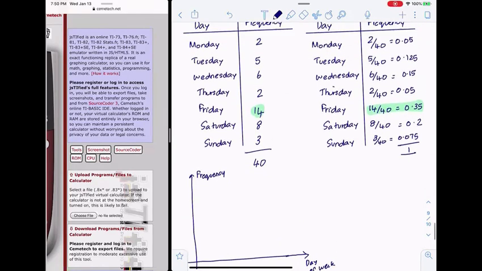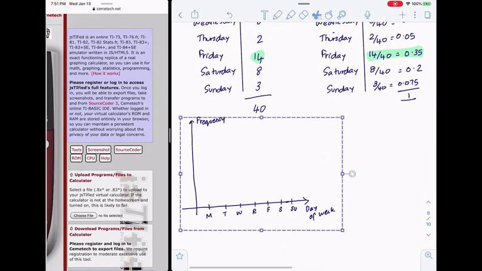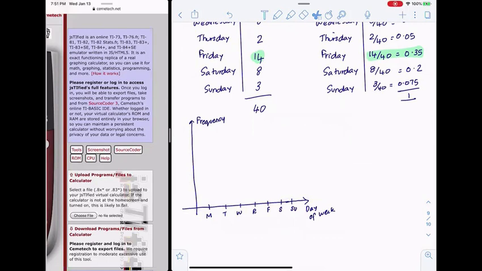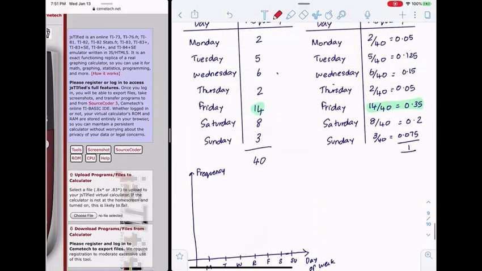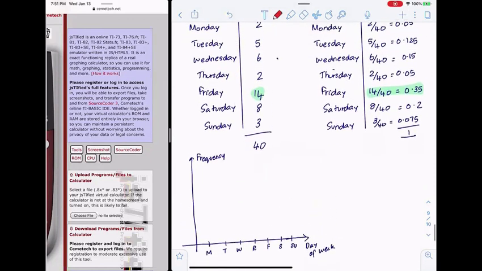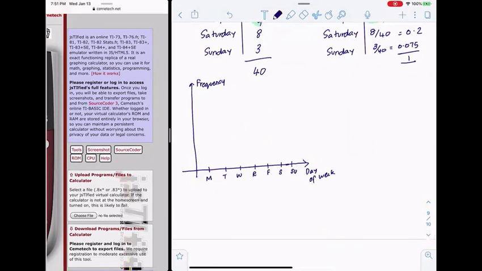I don't want to write Monday, Tuesday, Wednesday entirely, so I'll just call it as M, T, W, R, F, S, S, U. So Monday, highest is 14, so let's go in steps of 2.